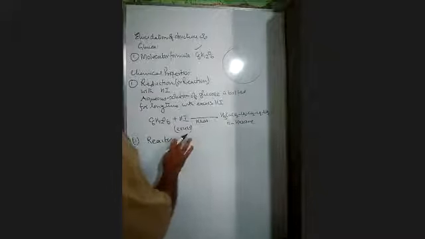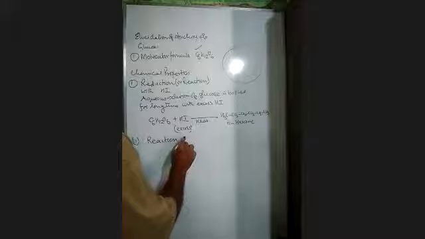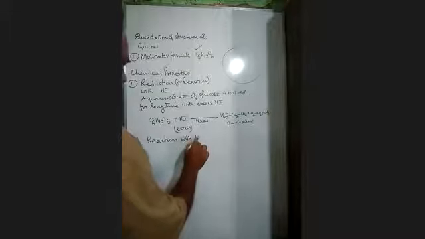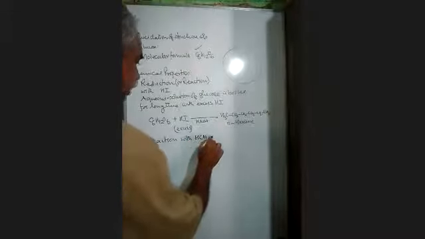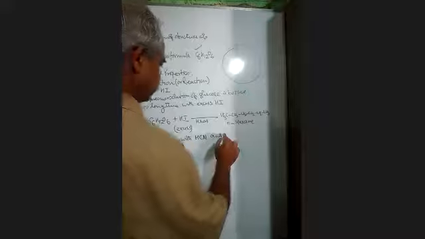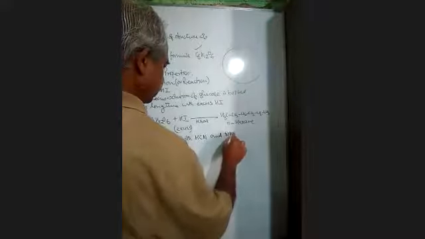So what we have done, we will now do the reaction to find out whether it has a carbonyl group or not. So we'll write now here: reaction with hydrogen cyanide and hydroxylamine.